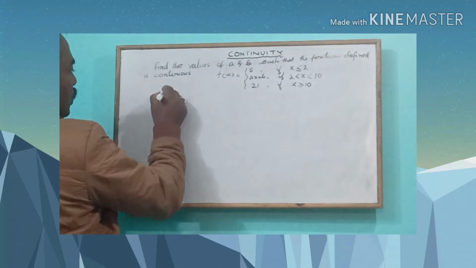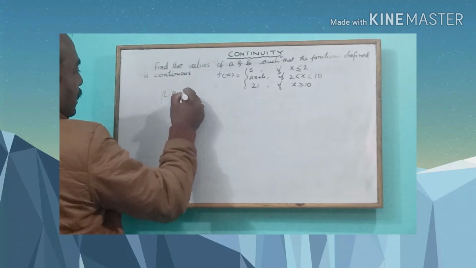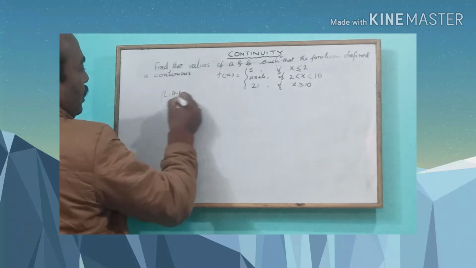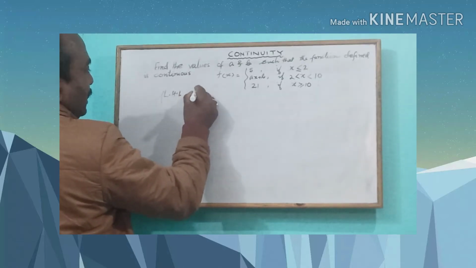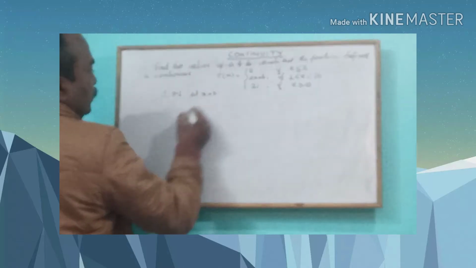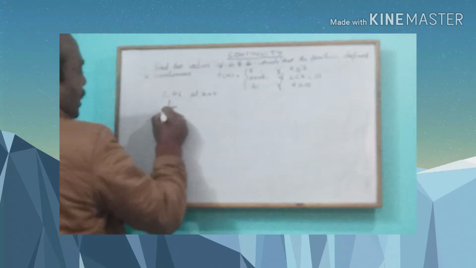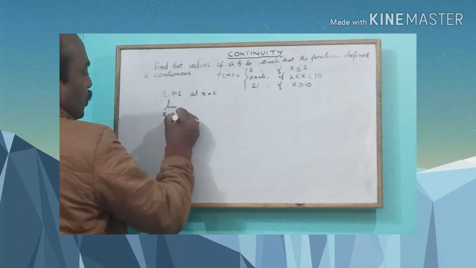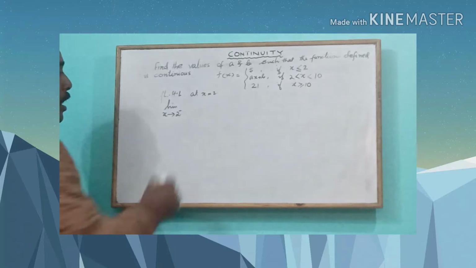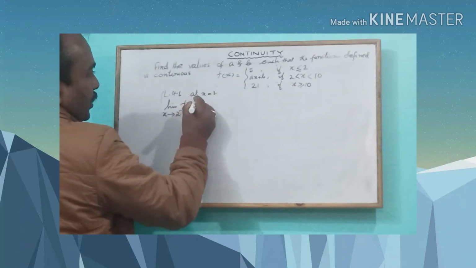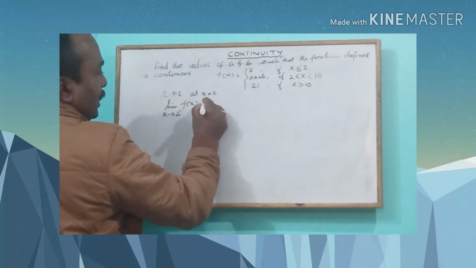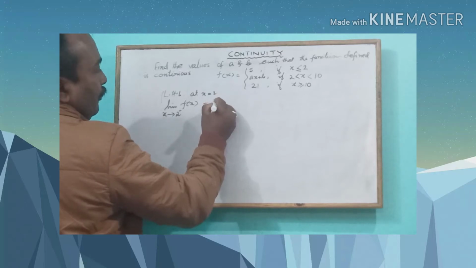So left hand limit at x equal to 2: limit x tends to 2 minus f(x). This is for x less than 2, that is 5.